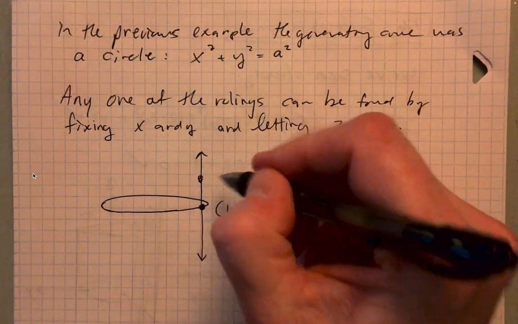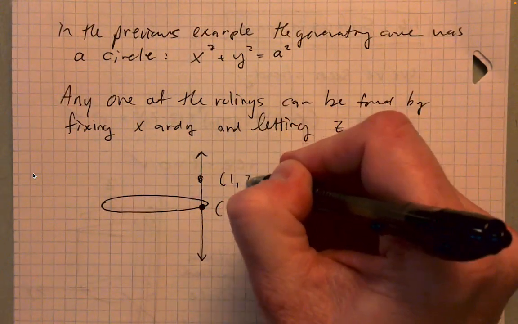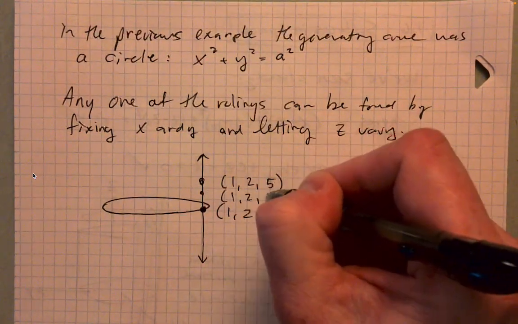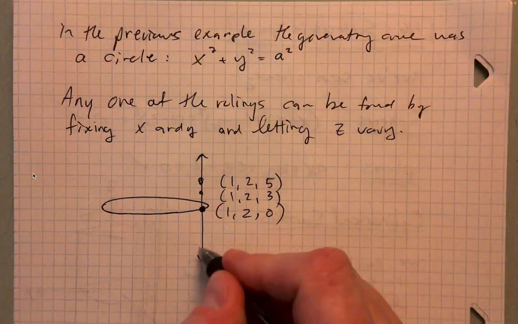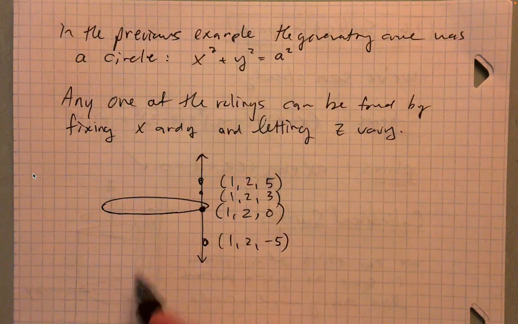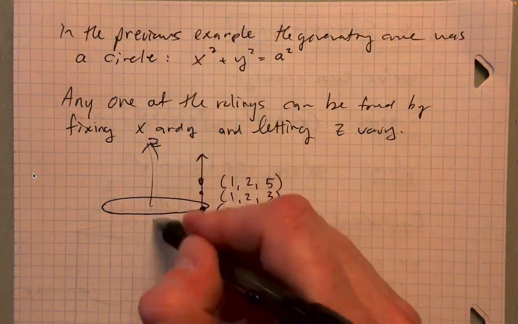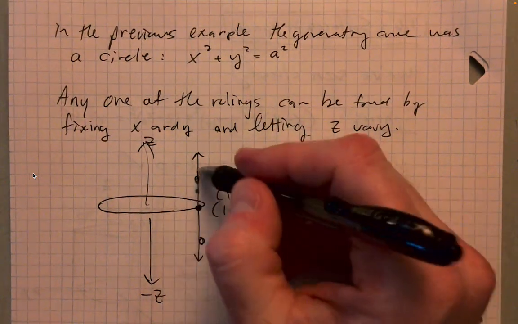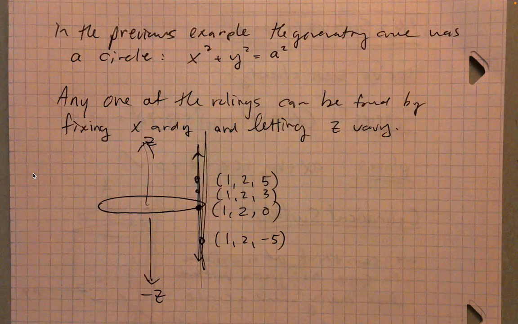So maybe up here you've got another point, 1, 2, 5, and in between, of course, you'd have 1, 2, 3, etc. And down below maybe it's 1, 2, negative 5, right down here. This is of course where the z-axis is, and this would be negative z in this direction. So these rulings are just basically you fix x and y and you let z vary, and you've got the rulings. So the value of z is totally arbitrary.